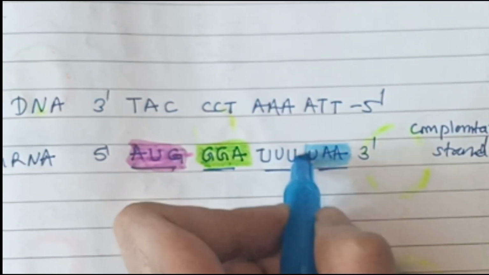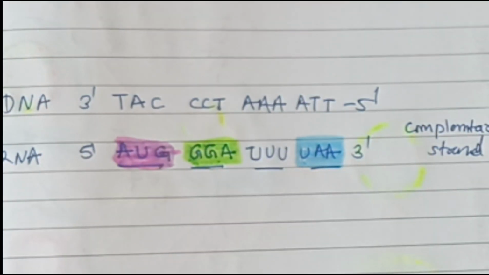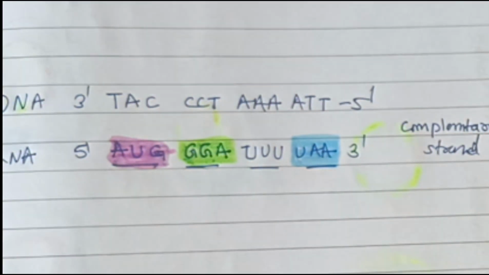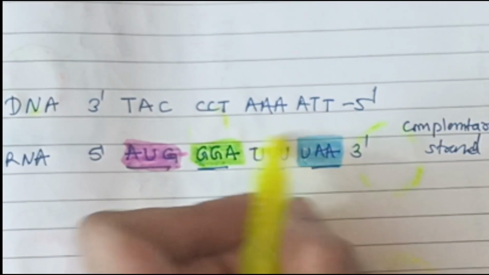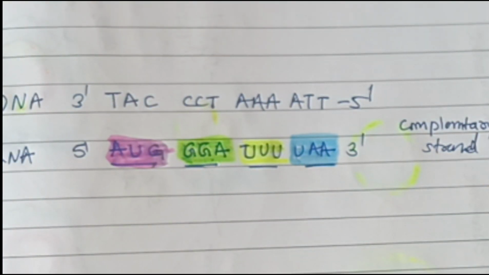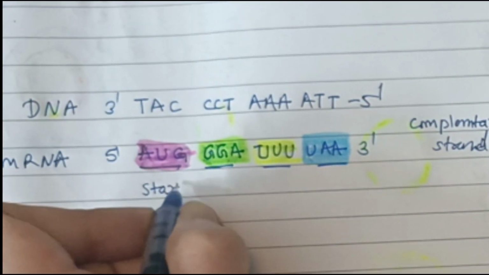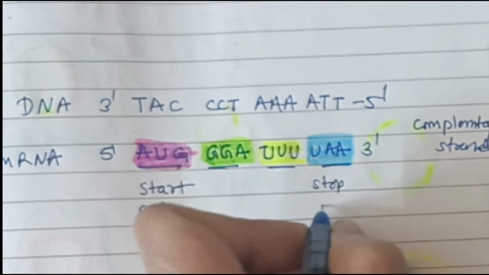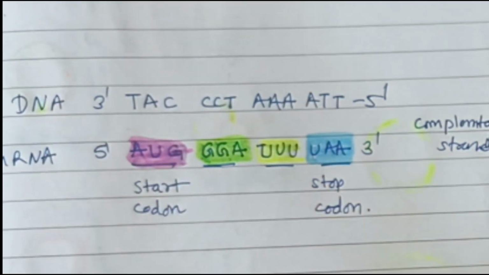So let's write it. Break it into codons. The first one is the starting codon, AUG. Then the second one, GGA. Then UUU and UAA. In this way we have broken it into codons and use the codon table for translating.